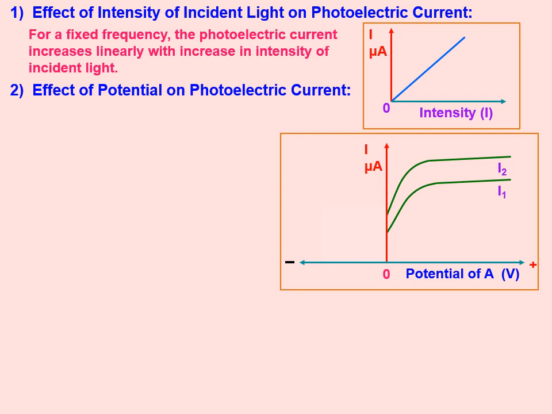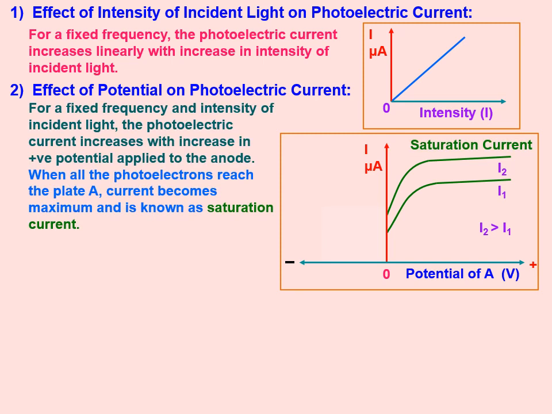This first line shows the plot between V and photoelectric current for intensity I1, and this second is showing the photoelectric current for intensity I2, and here the intensity I2 is greater than intensity I1.